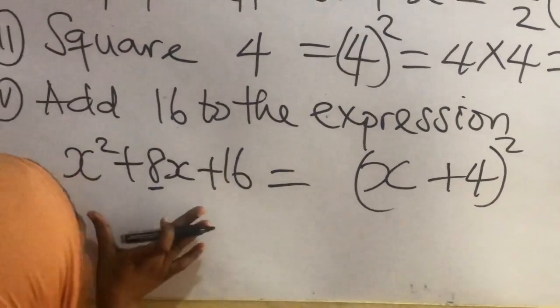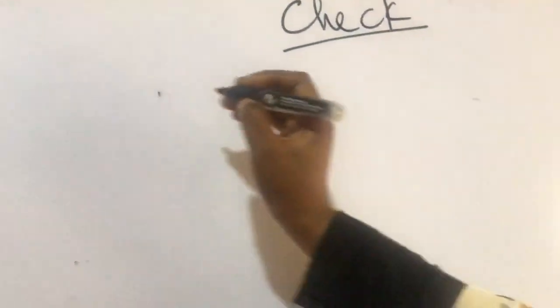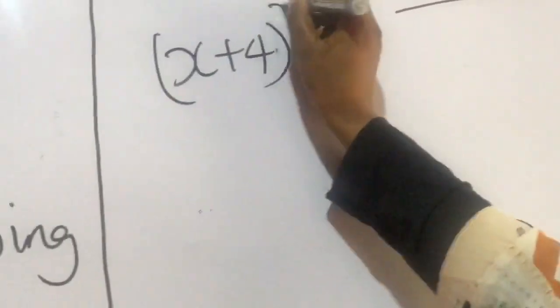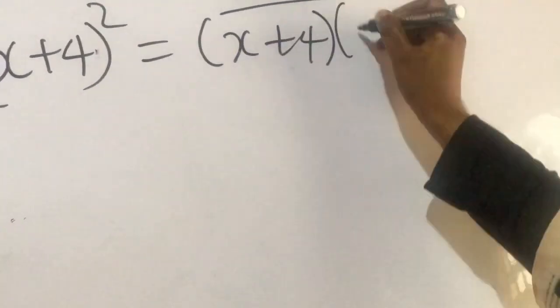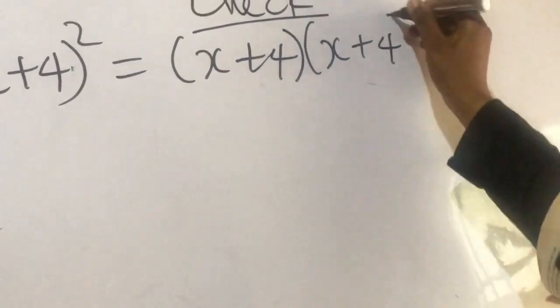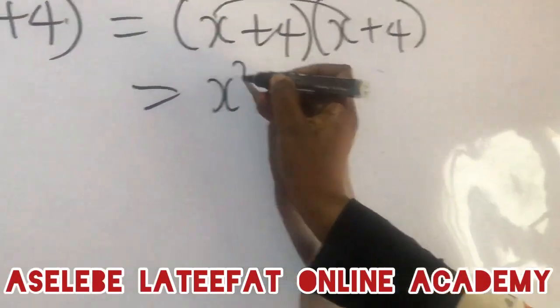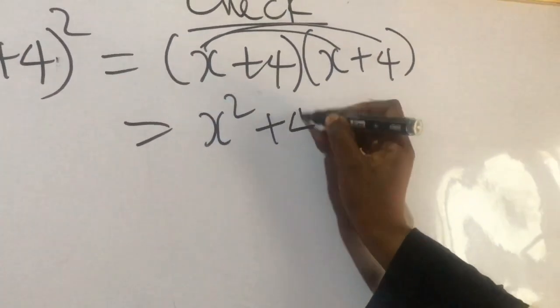Let's check whether we are going to get x squared plus 8x plus 16 back. Check. x plus 4 squared is the same thing as x plus 4 multiplied by x plus 4. So x multiplied by x gives x squared. x multiplied by plus 4 gives plus 4x.